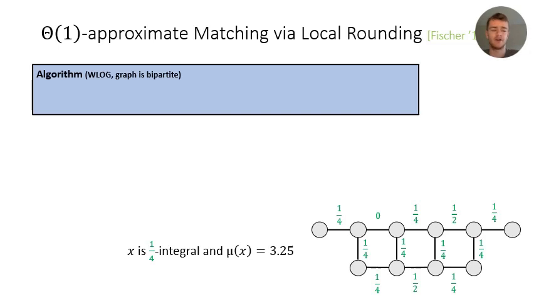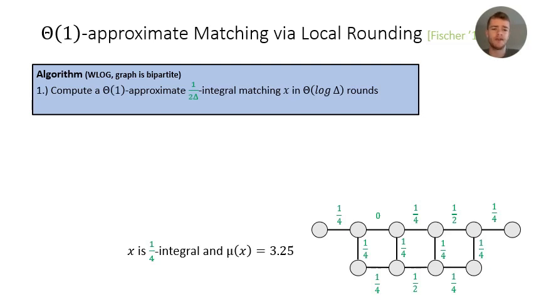Okay, so now I'm going to talk about how we are going to round this fractional solution, and we assume without loss of generality that the graph is bipartite. So the first step is we compute a constant approximate 1/2 delta integral solution, and this can be done in order log delta rounds by a simple algorithm. Next, we perform order log delta rounding steps, and after we perform these rounding steps, we obtain an integral matching.